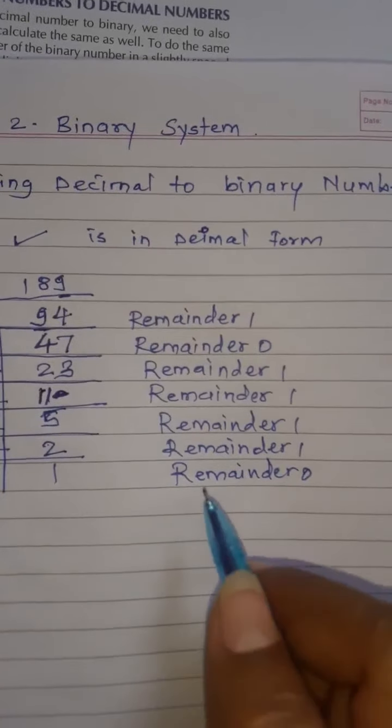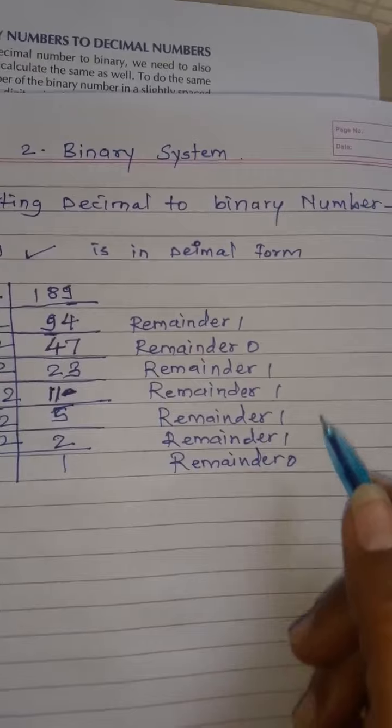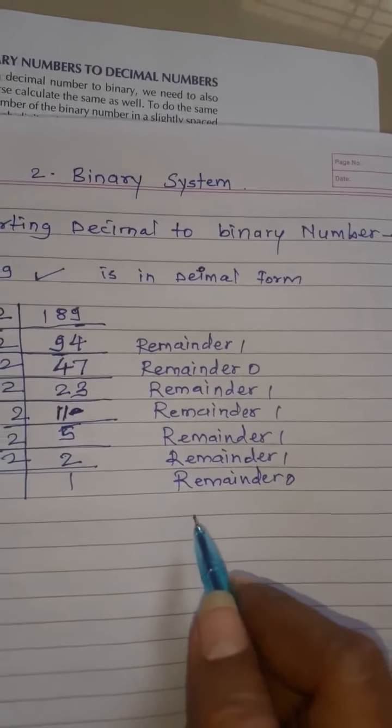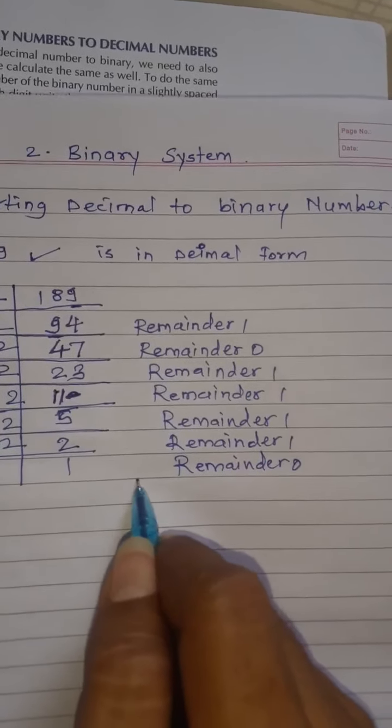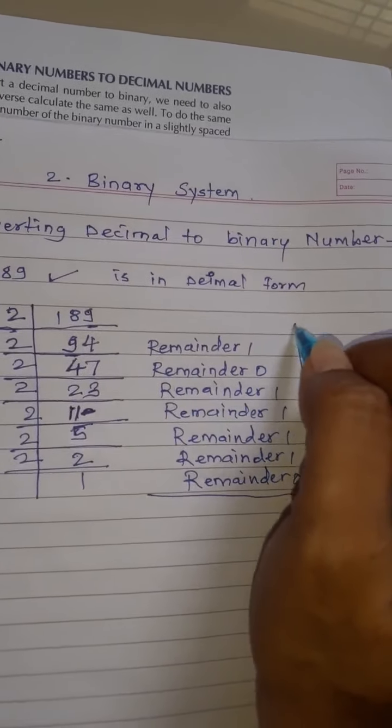Now what is the last step? All these are the remainders. Now we have to write these remainders from bottom to top.